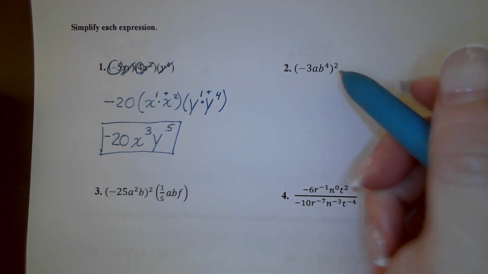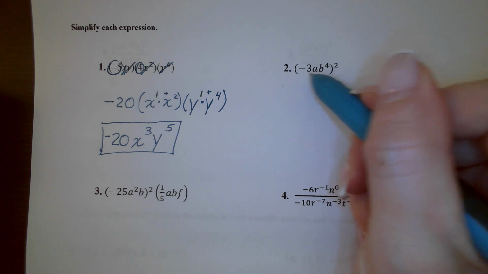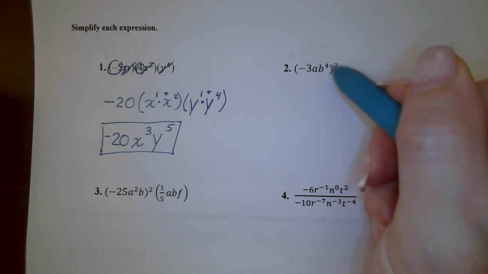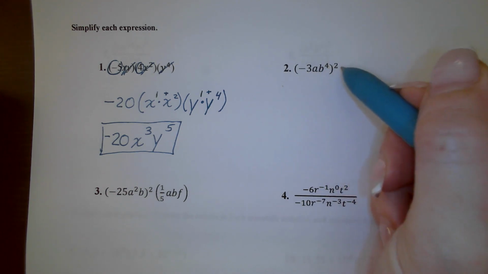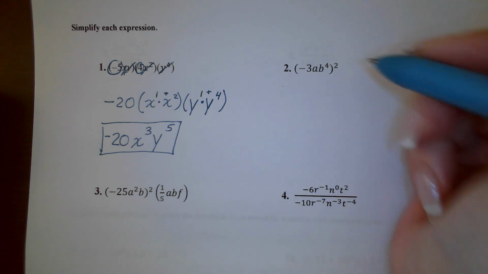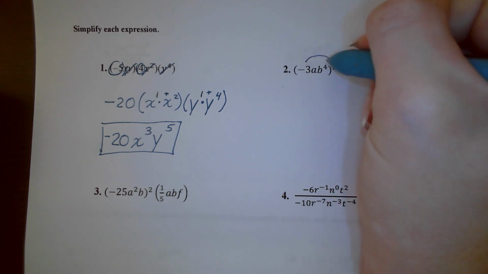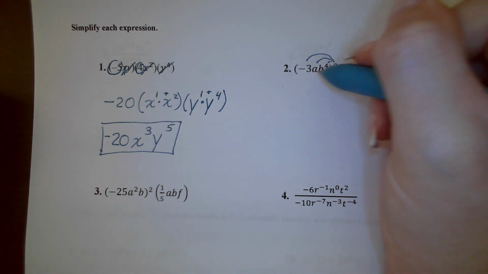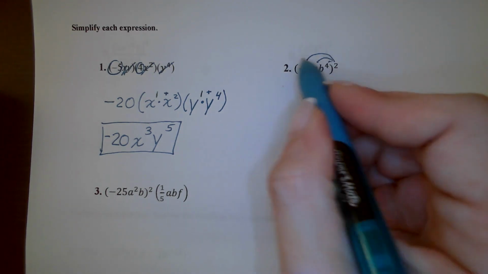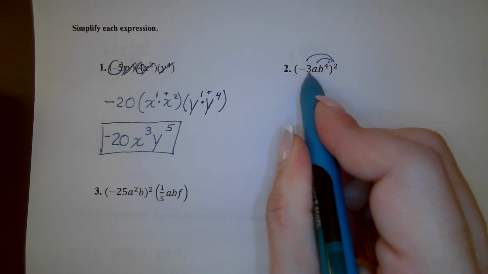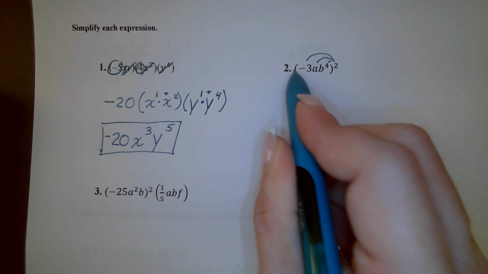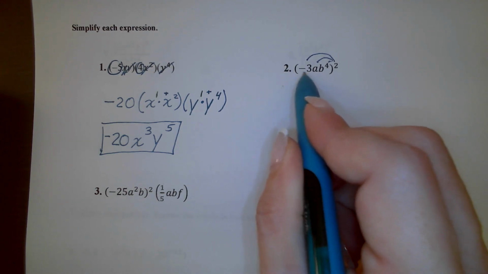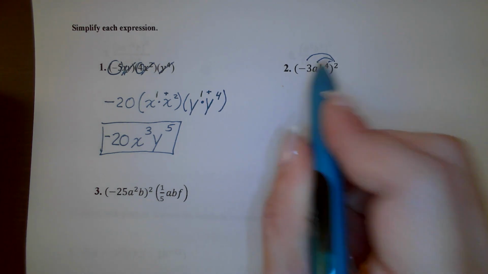Next, I see that I have a problem with a negative constant, a power within the parentheses, and a power outside of the parentheses. So I'm going to start by distributing that exponent 2, that power of 2, to everything inside the parentheses. But remember, if the negative sign is inside the parentheses, it is attached to our constant.